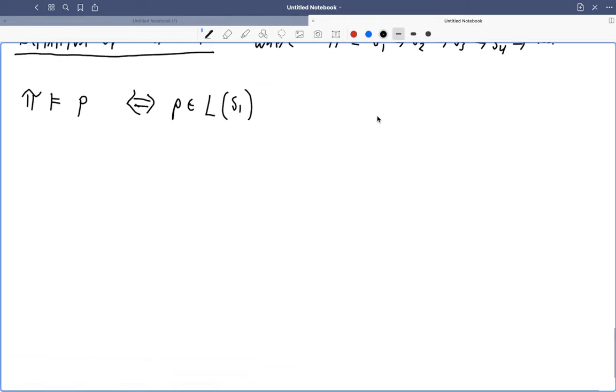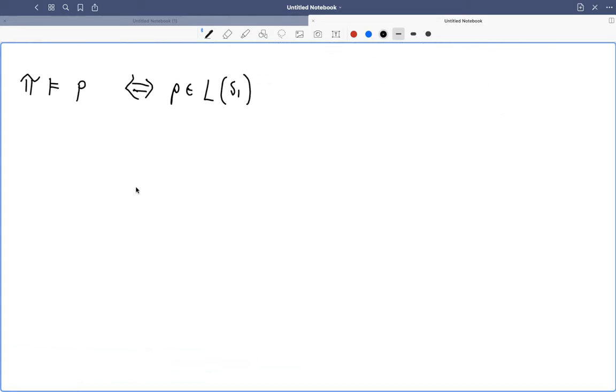Okay, so for propositional logic, everything is as expected. So, for example, if we want to check if phi and psi holds for path pi, well, that's the same thing as we check that phi holds and we check that psi holds for the path.